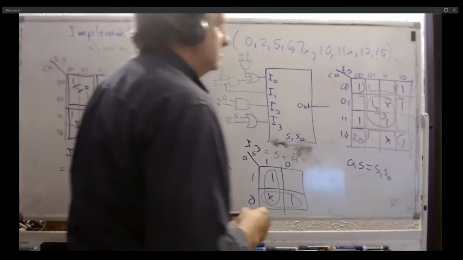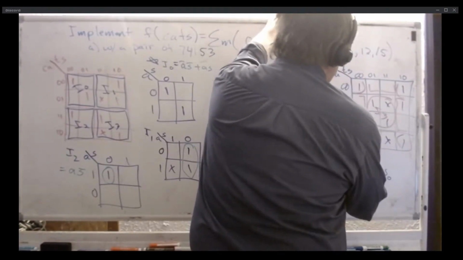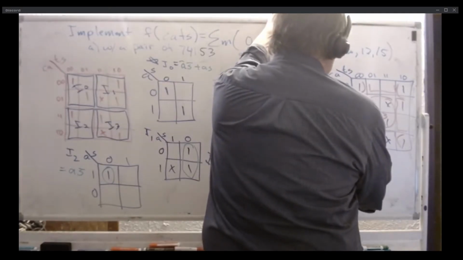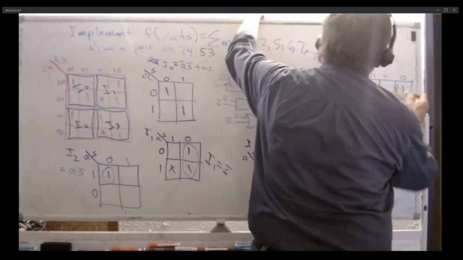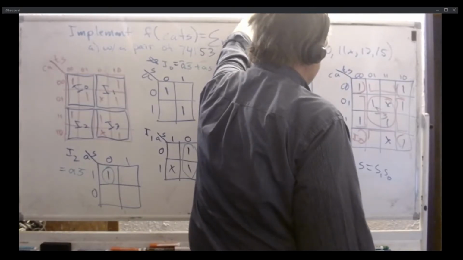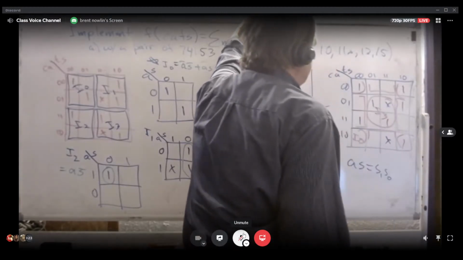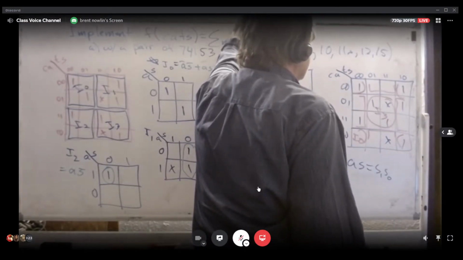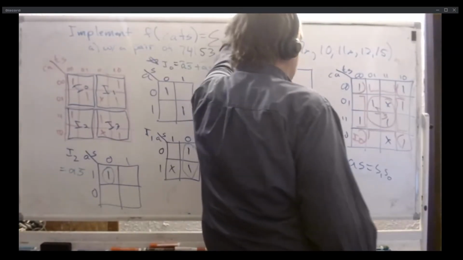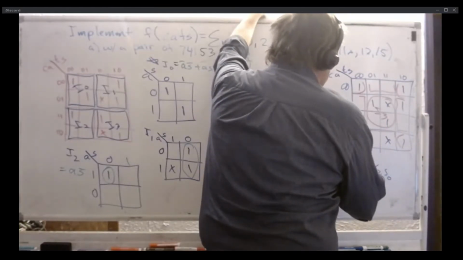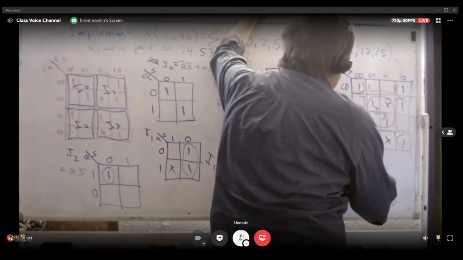Could you show again where I0 through I2 are? I0 is selected if A and S are both 0, correct? Yes. Okay, so where is A equals 0? A is 0 for the top row and the bottom row. Right. Where is S equals 0? Left column, right column. So it's going to occupy the four corners of the map. Four corners, that's I0. Yep. Where's I1? Well, I1's selected if A is off still and S is on.